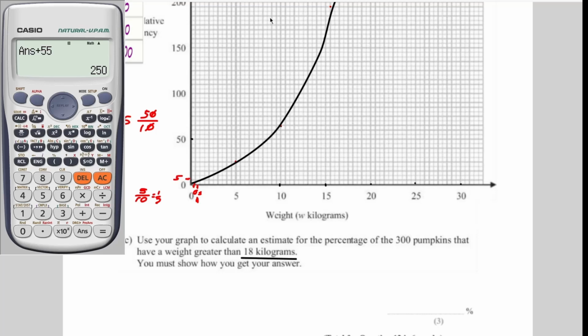I told you when two squares pass, that is 1 unit. So 15, 16, 17, 18. So 18 lies here. Let's draw a line from 18.